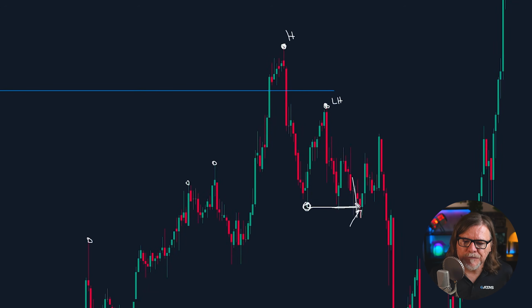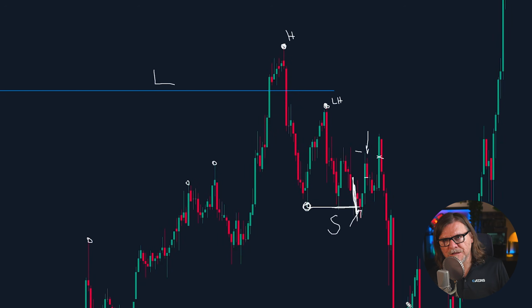And from now on, because we have a level, we have a structure, and we need a trigger. We wait for the first candle in the direction we are going to trade, which in this case is this red candle. Open here, stop loss here, didn't work. Price revisited the area.